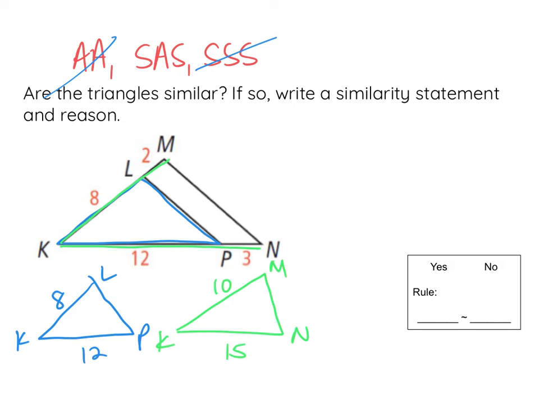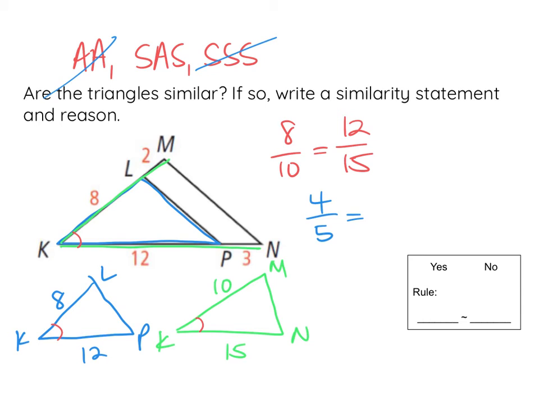But if you notice here, the thing to keep in mind is that in both triangles, we have this angle K. So that is the reflexive property that we talked about before. And those angles are congruent to each other because it's the same angle. So what we're really looking for is 8 over 10 equal to 12 over 15? All right, so again, if we simplify these, 8 and 10 are both divisible by 2. So if I do that, I get 4 over 5.